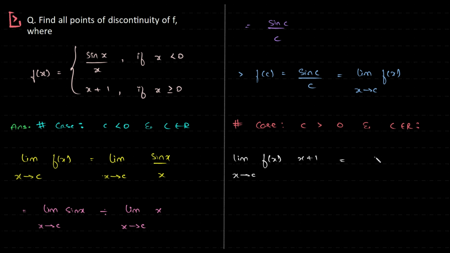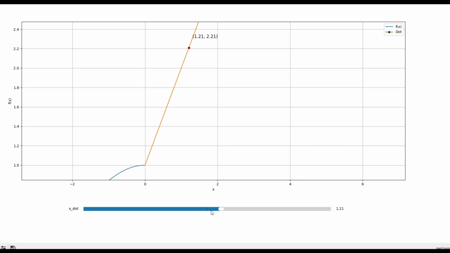So on substituting, limit x plus 1 as x tends towards c is c plus 1, right? And f of c will also be c plus 1, and this is equal to your limit f of x as x tends towards c. So in both these regions, the function is continuous, as you can see.